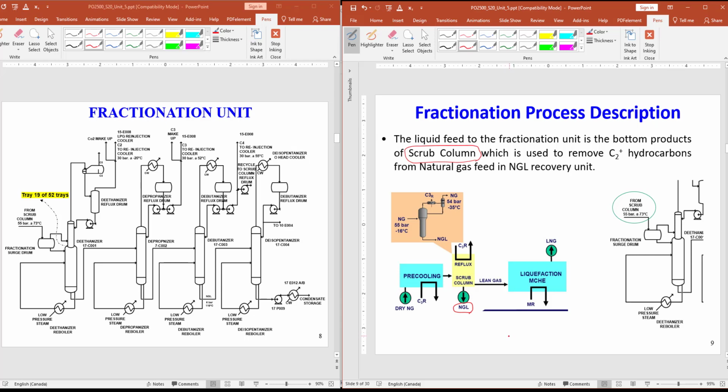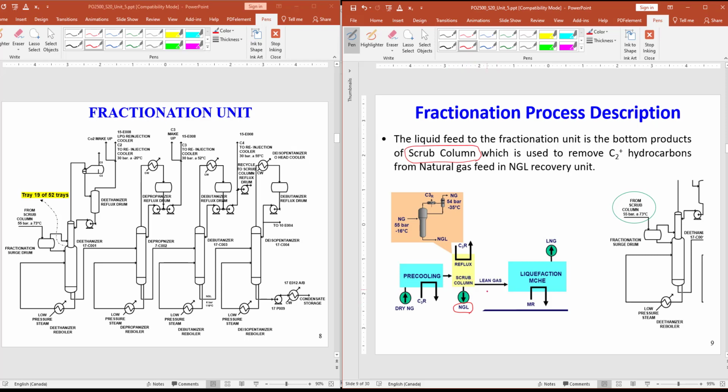We have no other choice. So we have our scrub column. What it does, like these two columns, both pre-cooling and scrub column, they do some separation for us.